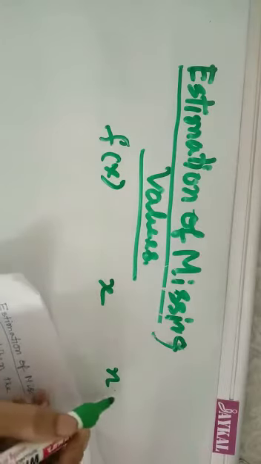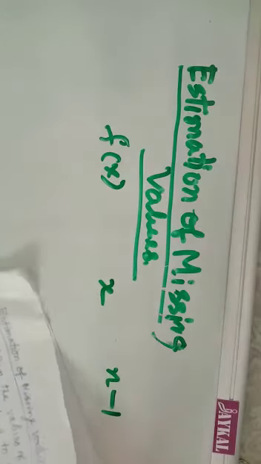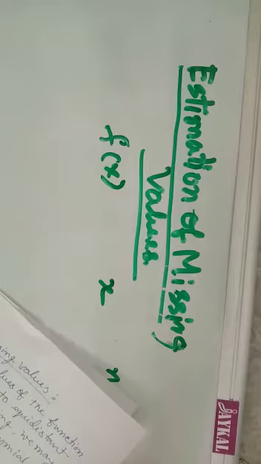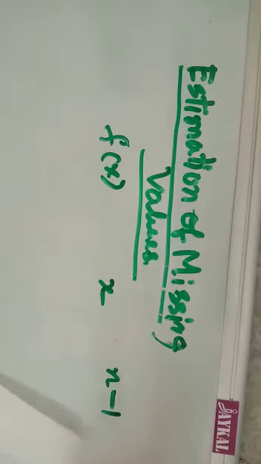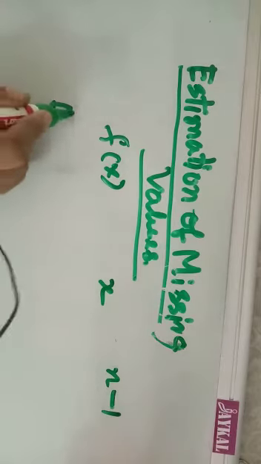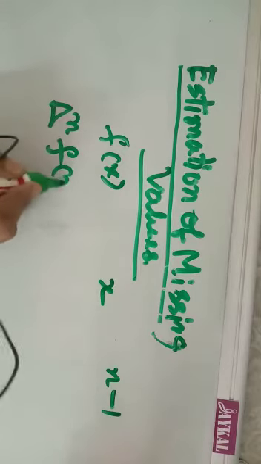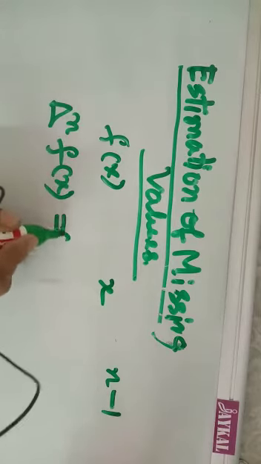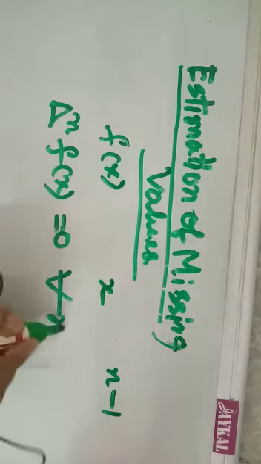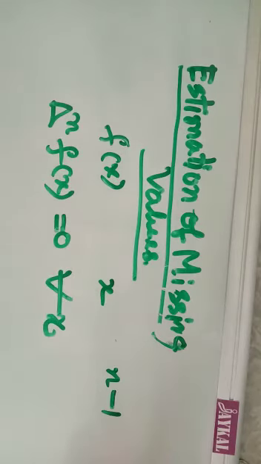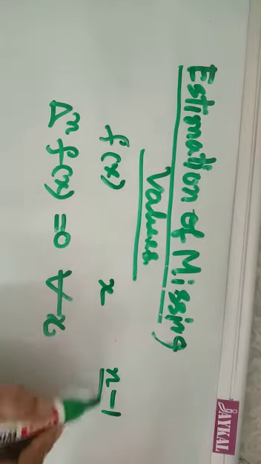Then delta to the power n f(x) is equal to 0 for all values of x. When n values of f(x) are known, we assume that f(x) is a polynomial of degree n minus 1.